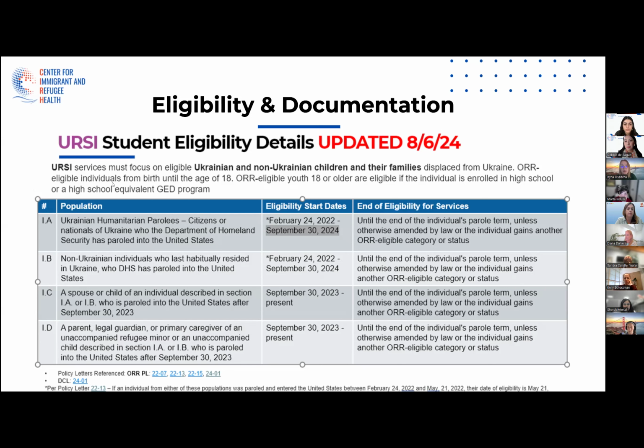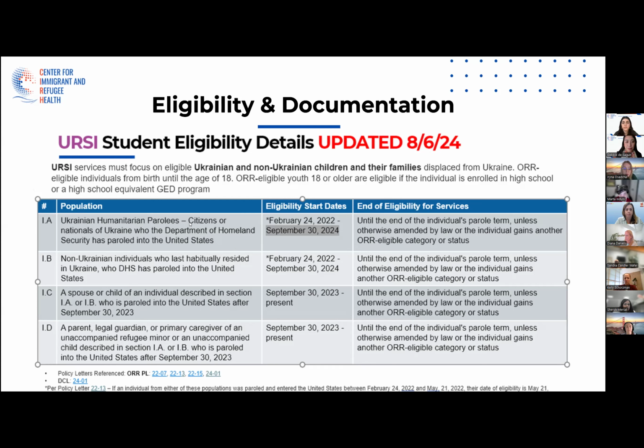It covers eligibility from birth, so it could be kids who were born in Ukraine up to age 19, or who are older than 19 but have been enrolled in high school or a high school equivalent program in the United States. And we have a few categories here.